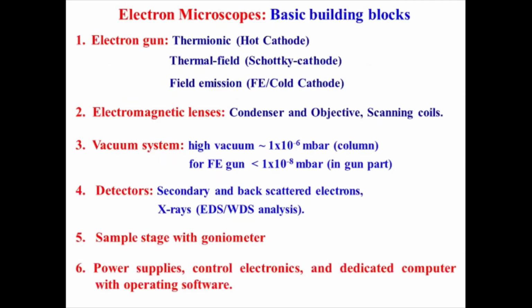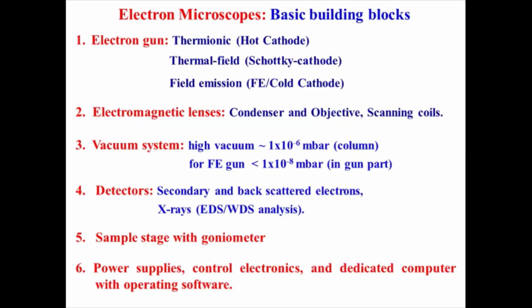So the basic components of an electron microscope: an electron gun, that is the source which emits the electrons. Then there are lenses, electromagnetic lenses. In contrast to the optical microscope, which is used in ambient conditions, here we require a low pressure condition, that is a vacuum.